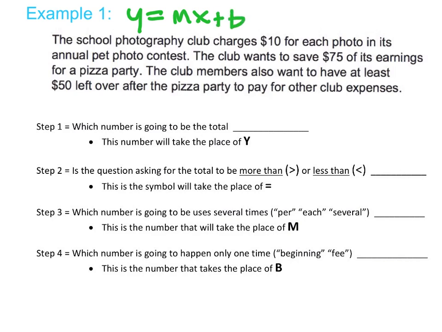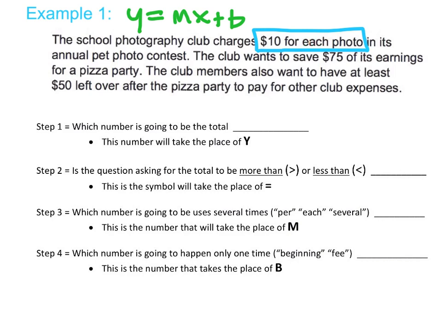Now that we know that's the form that we want our information to be written in, we need to identify what the numbers in the problem are talking about. So the first number I see is 10, and it says they're charging $10 for each photo. Earlier when we were studying equations, we said that the word each means it's going to happen a lot of times.